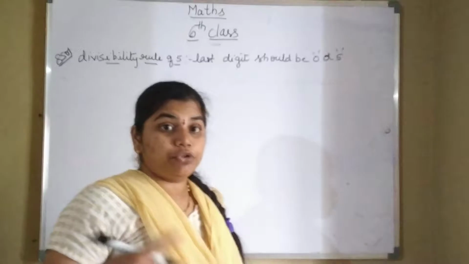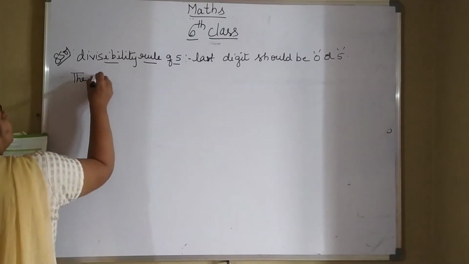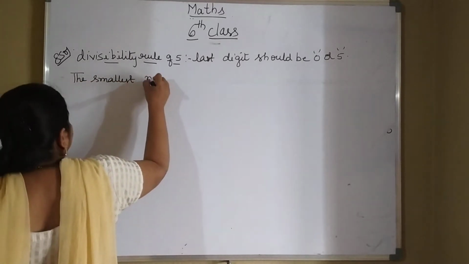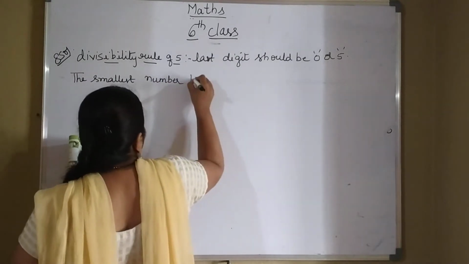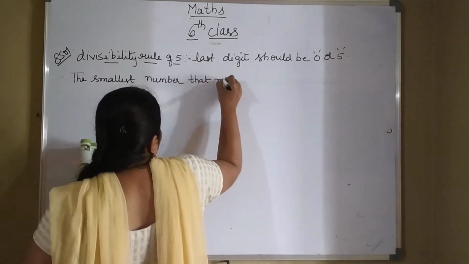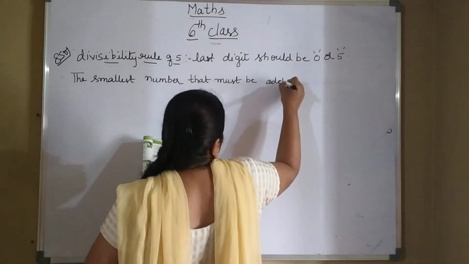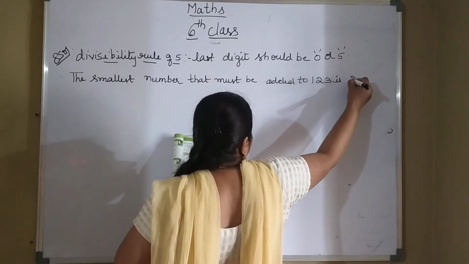We have to add 2 for that. So the smallest number that must be added to 123 is 2.